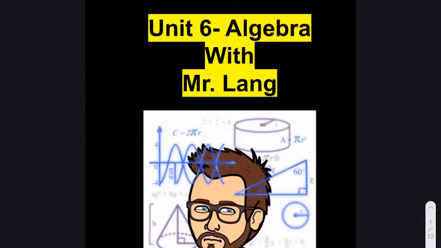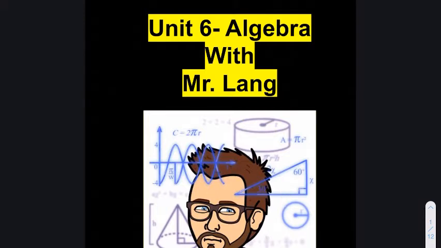So Alejandro, we're going to start our brand new unit called Unit 6 Algebra with Mr. Lang. As you can see here, we do have the title of our unit right here, where I'm hovering my little pen. You can see a picture of me right here as I'm looking very confused by math.